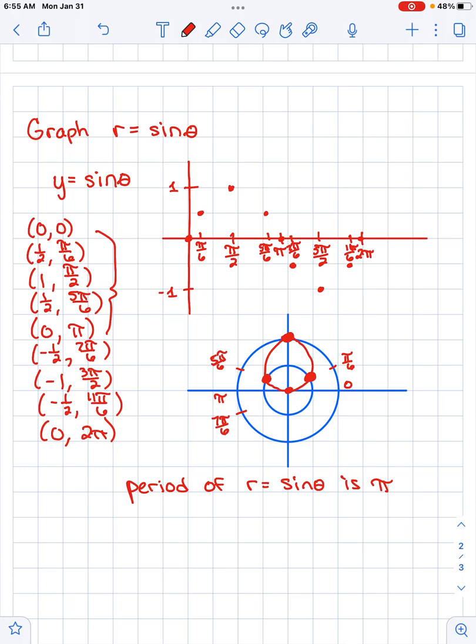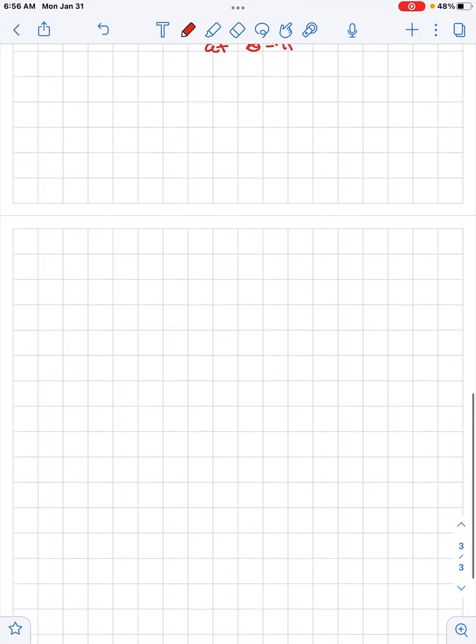So what we can say too is that R equals sine theta intersects itself at theta equals pi. That's when that starts to repeat itself. Okay, let's try one more graph, and then we'll look at some calculus in the next video.